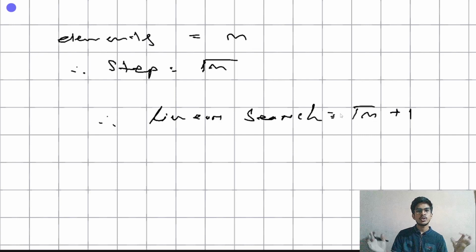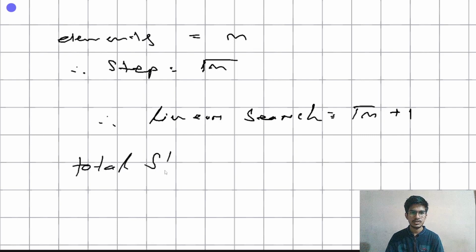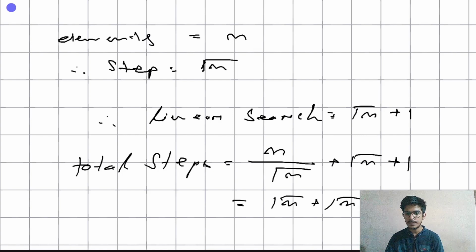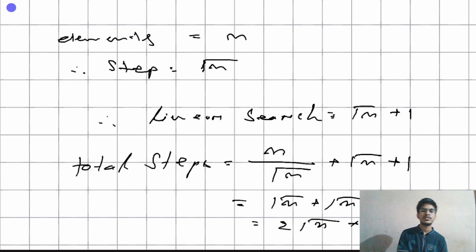So the total steps equal n upon root of n plus root of n plus 1. If we divide it, we get root of n plus root of n plus 1, so 2 root of n plus 1 total steps.